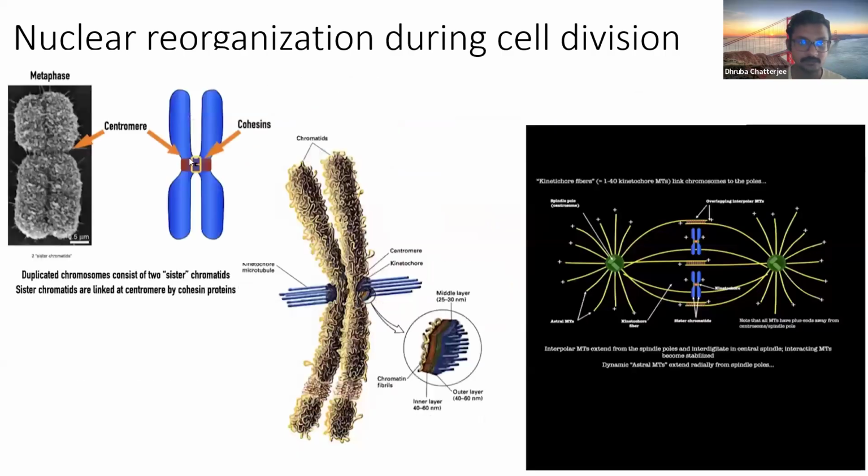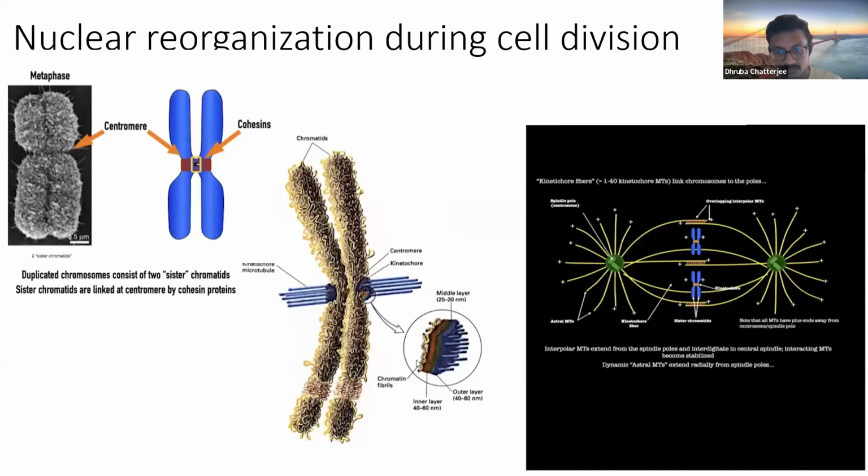These chromosomes have a region which is called the centromere, right? The centromere is that region of the chromosome which has a high density of several proteins as well as highly condensed chromatin.